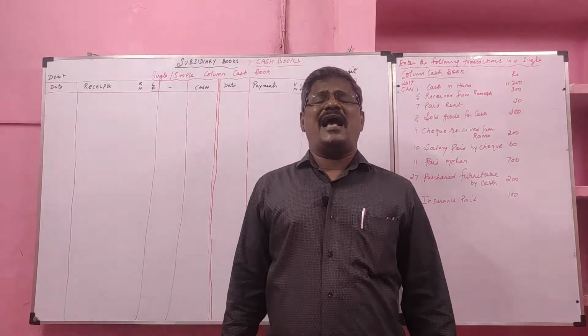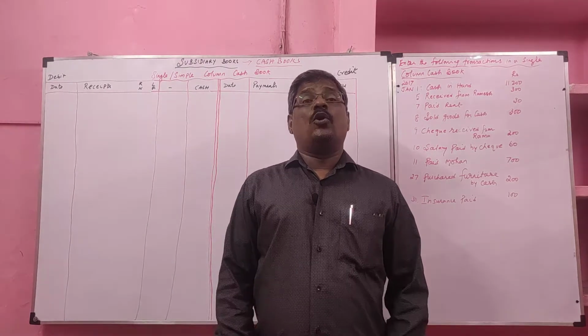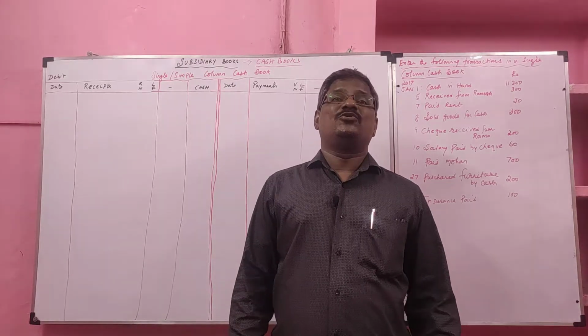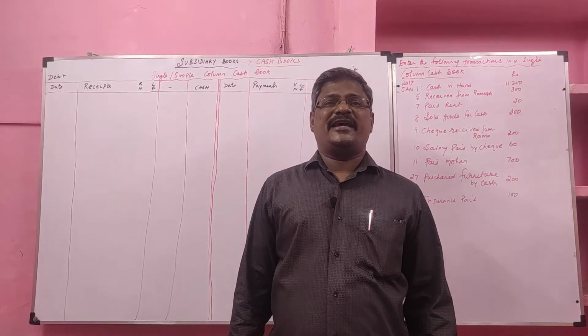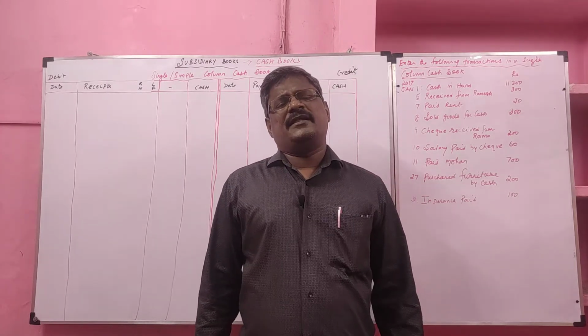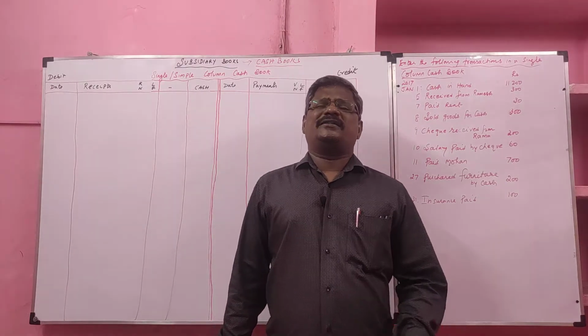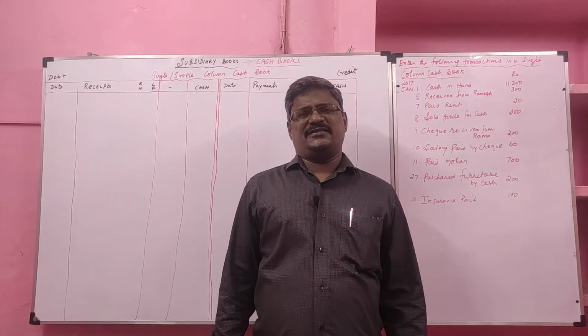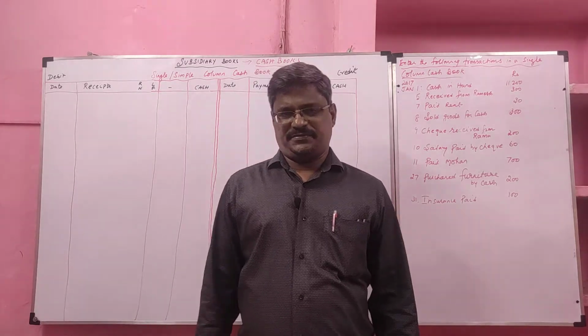The cash book has two sides, debit side and credit side. No subsidiary book has two sides, but cash book has. The cash book starts with the debit side, with the opening balance of cash, and ends with the closing balance of cash.